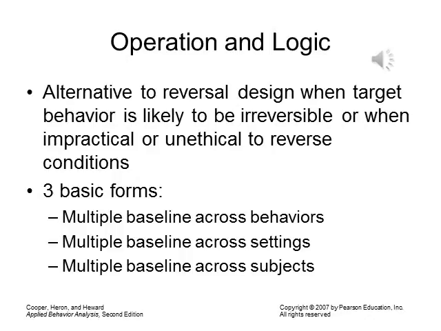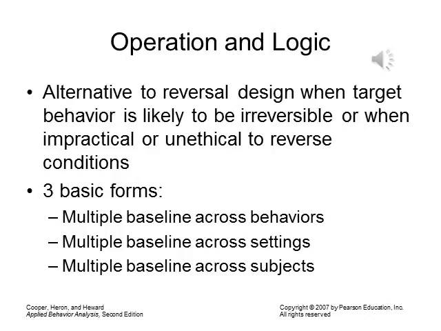There are three basic forms of a multiple baseline design that you're responsible for. That's across behaviors, across settings, across subjects. And as we'll see, multiple baseline means that in all these conditions we're going to have literally multiple baselines. So if it's across behaviors, we're going to apply the same treatment to different behaviors. If it's across settings, we're going to apply the same treatment across different settings.